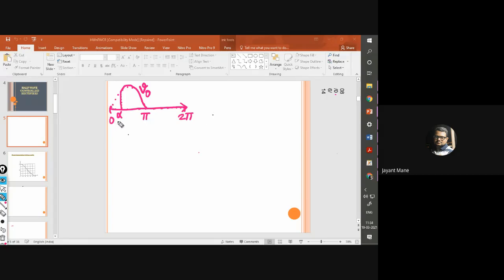So first we want to calculate the average value or DC output voltage. So let's say it is VDC. It is area of wave divided by the period.